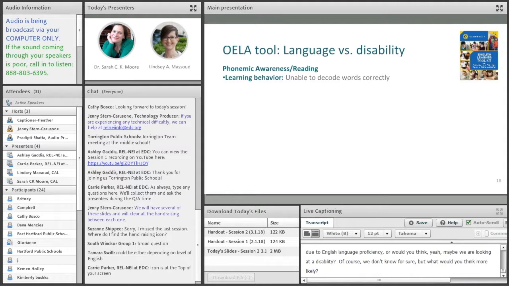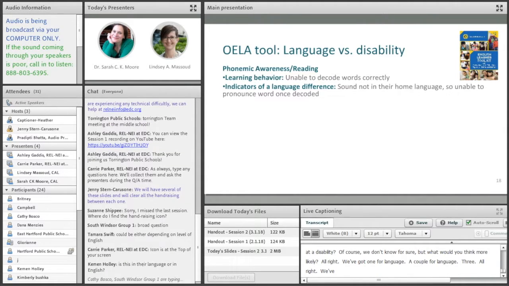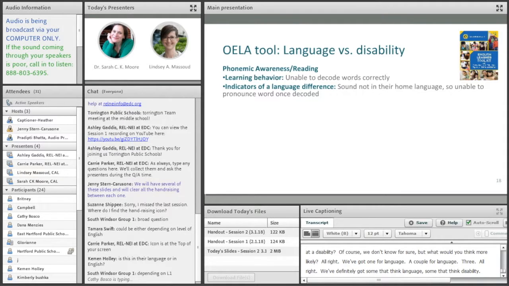All right, so we've got one for language, couple for language, 3. All right, so we've definitely got some that think language, some that think disability. And Kemen Hawley is asking, is this in their language or English? This is in English.